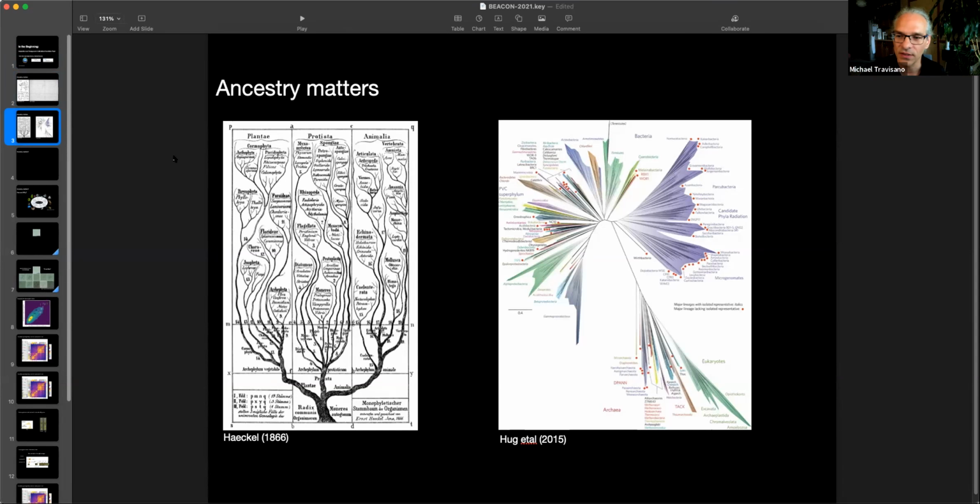Haeckel made one of the first trees with any sort of detail. Well, not right, but the idea is there. And a relatively recent paper describes the diversity of life, and you probably can't tell, but eukaryotes are popping out of archaea on this graph. So ancestry seems to be important for our understanding of how diversity and the complexity of life arise.